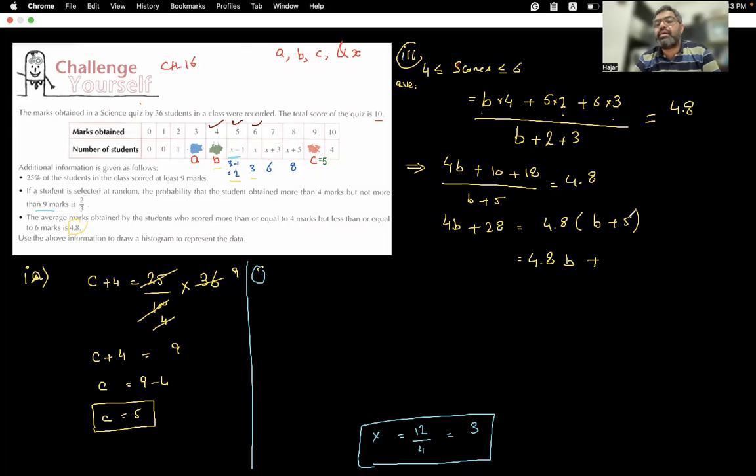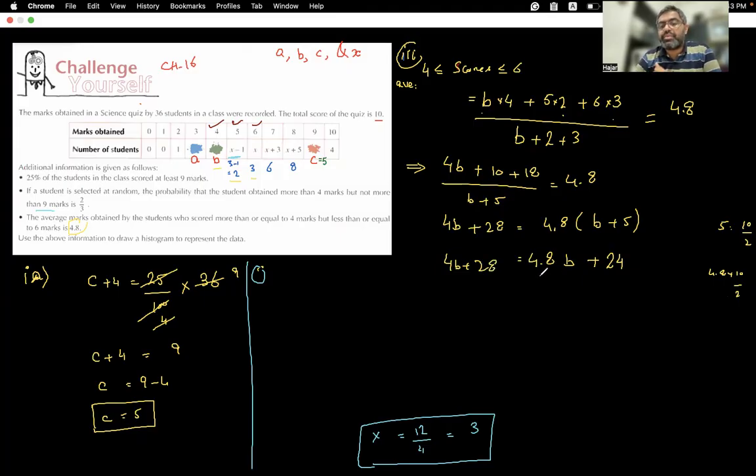Whenever we have to multiply by a number like 4.8 into 5, you can write 5 as 10 over 2, and multiplication becomes easier. 4.8 times 10 is 48, and divided by 2, we get 24. It's a quick calculation we can do in our mind. So 4B plus 28 is equal to 4.8B plus 24.